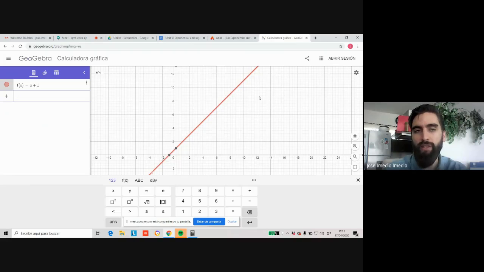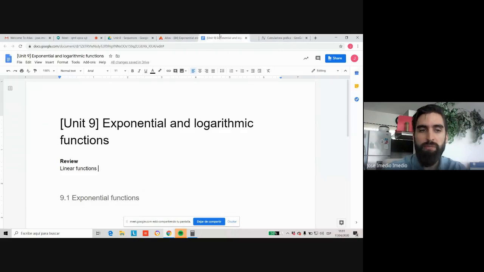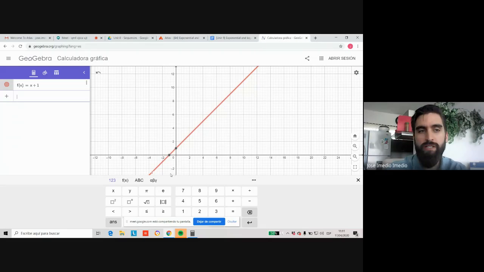And then in the previous unit, we learned about arithmetic sequences or arithmetic progressions. An arithmetic sequence is very similar to a linear equation, but the difference is that it's discrete.